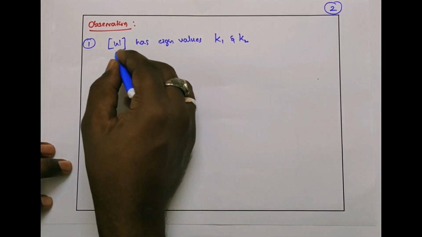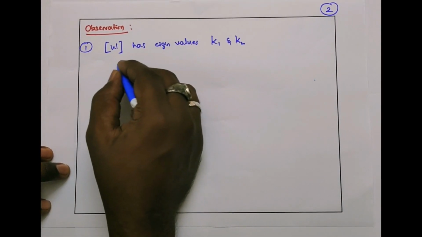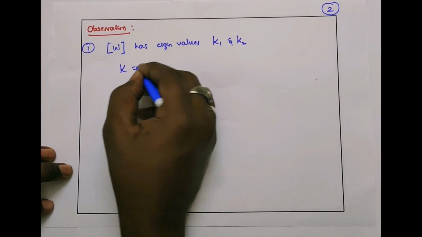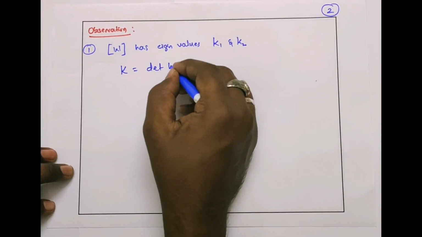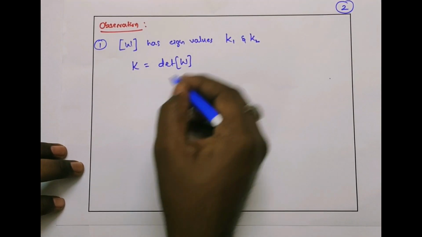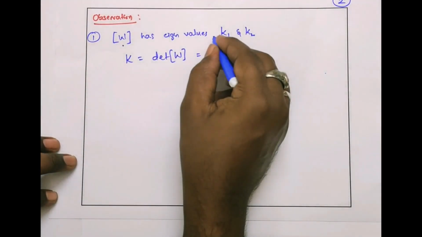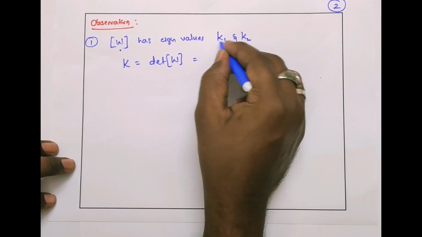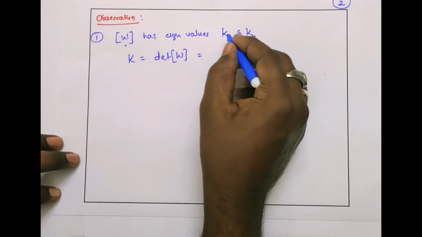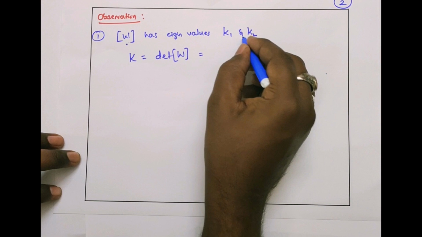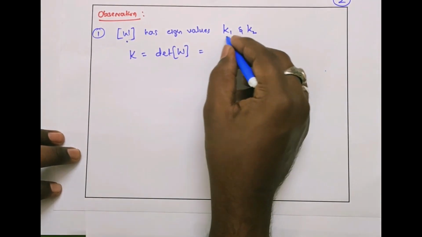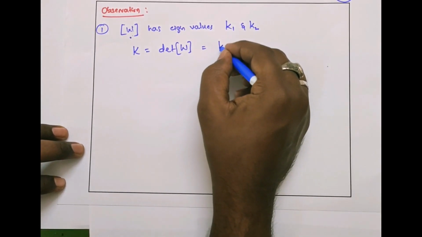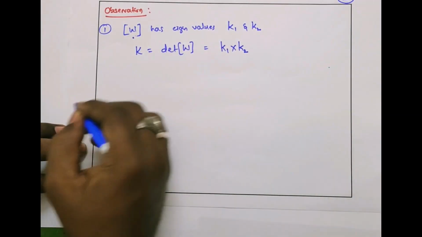We require it because we have just defined that the Gauss curvature is given by the determinant of the matrix corresponding to the Weingarten map. Since this matrix has the eigenvalues K1 and K2, the determinant will be given by the product of the eigenvalues. Here it is the product of K1 and K2.